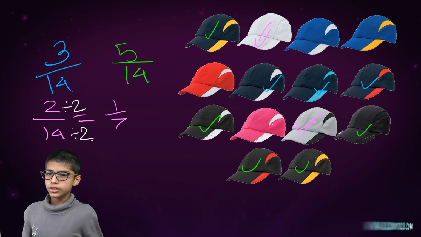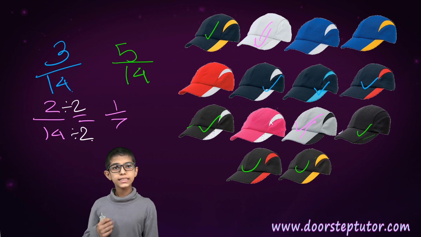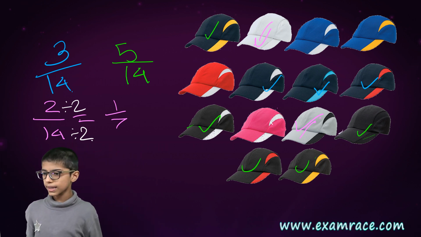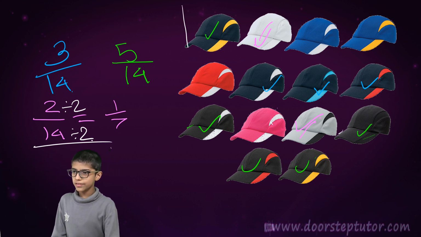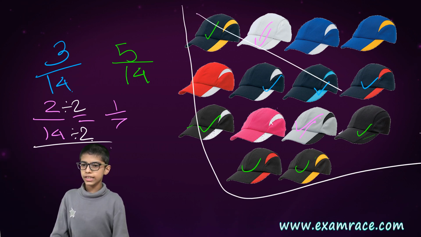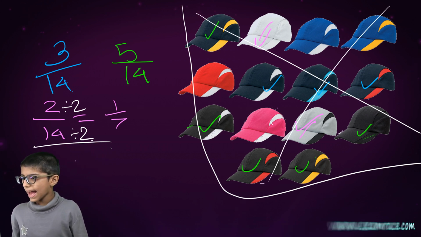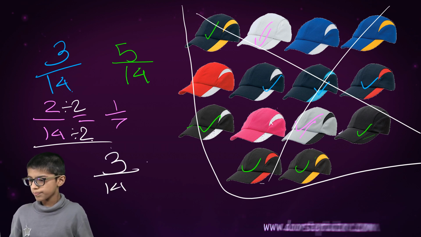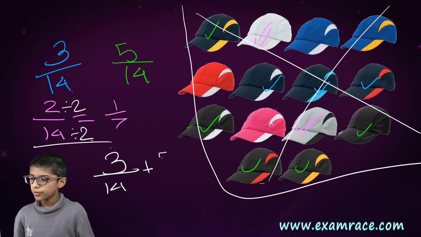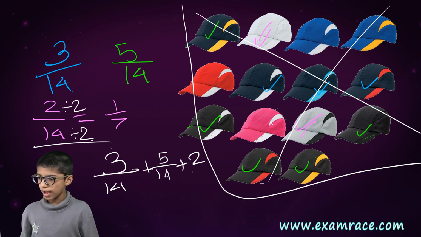Now, the number of remaining caps, what is it? It is 4. But we can calculate it even if we don't have this data. How? It would be 3 by 14 plus 5 by 14 and we add 2 by 14.